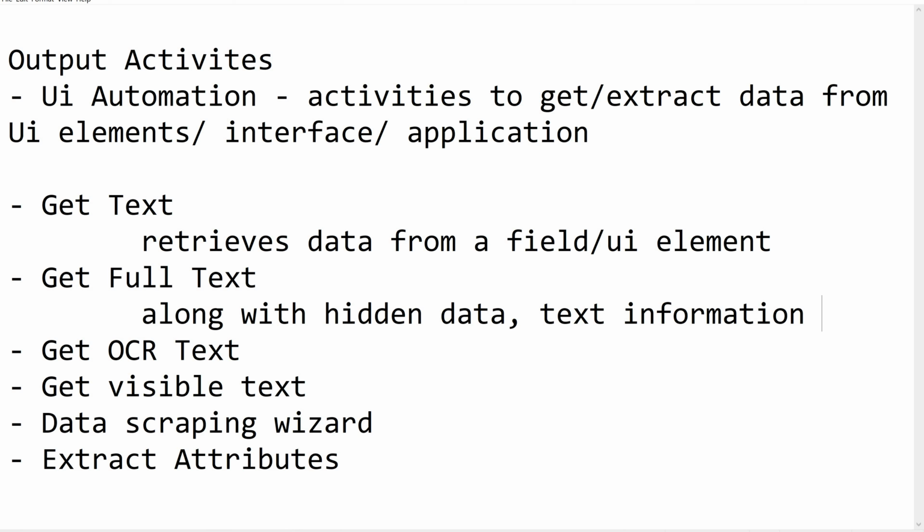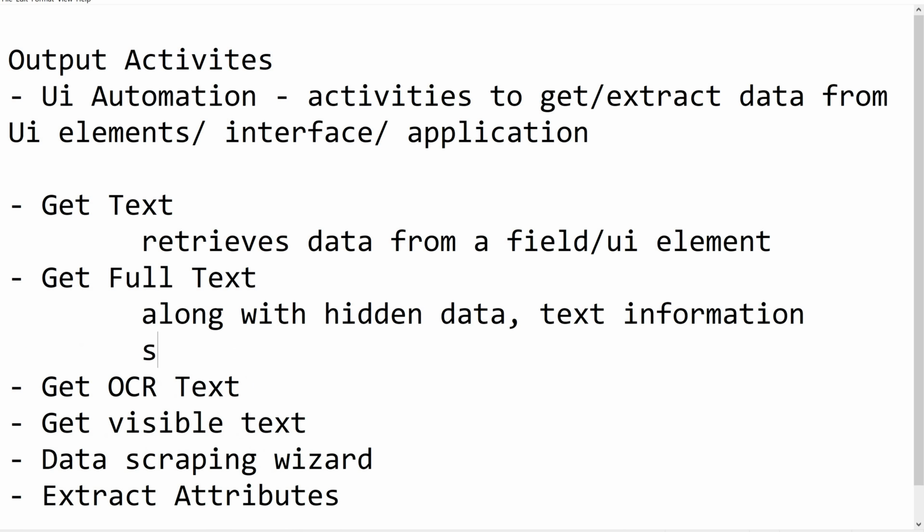We use this during screen scraping. In the screen scraping technique, it will automatically get the hidden data. Along with the hidden data, the complete text value will be extracted using this get full text activity.